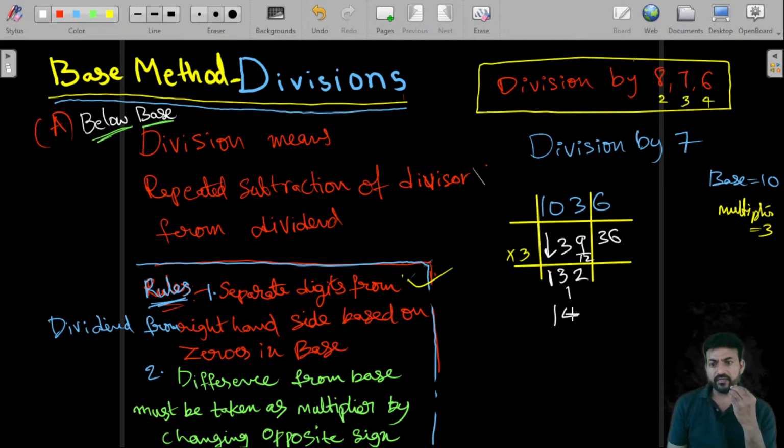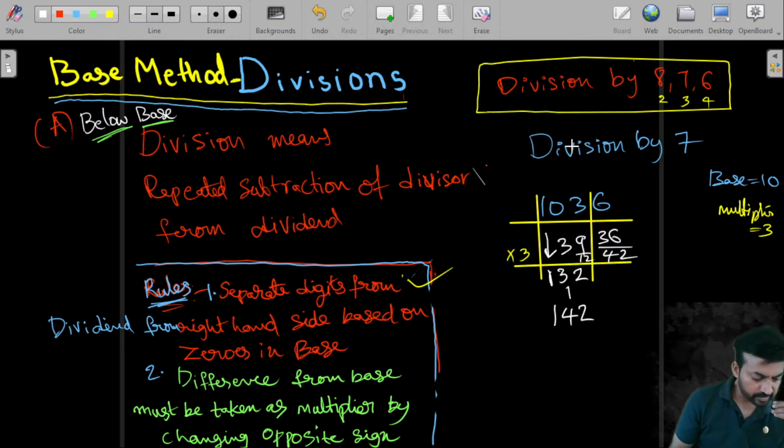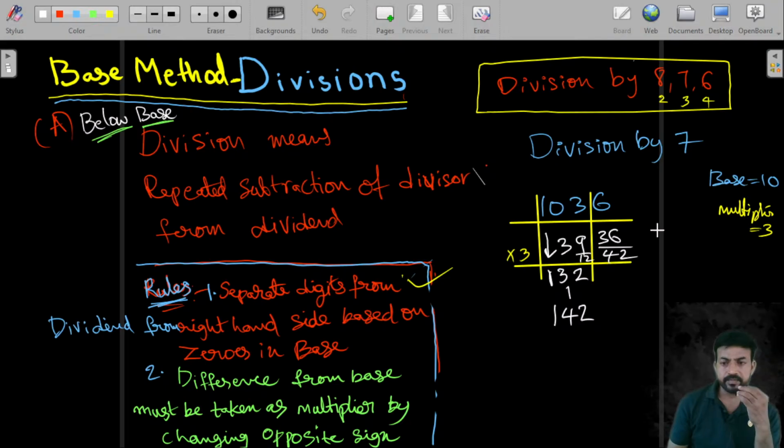సో 142 ఇక్కడ వచ్చింది. బట్ స్టిల్ వీఆర్ డివైడింగ్ బై 7, బట్ వీ గాట్ 42 here. Is it clear? Okay.